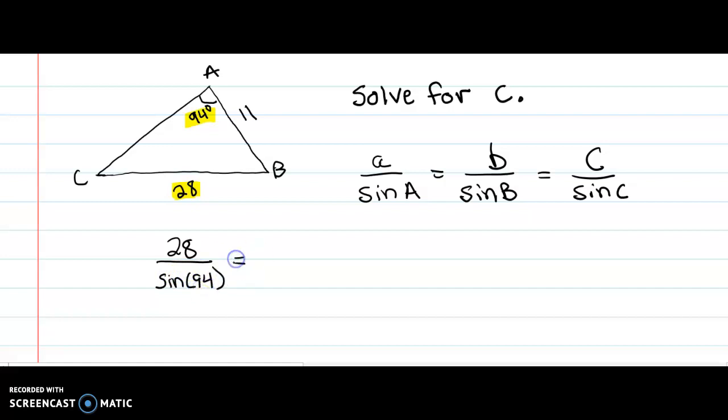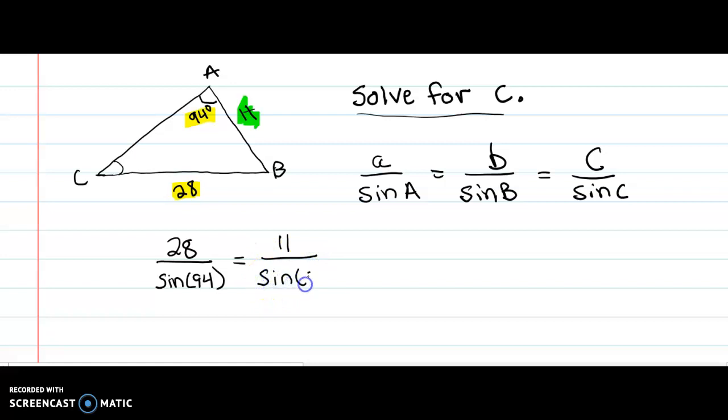And we're going to use that to set it equal to a side or an angle that we want to find. So here, we're going to solve for c. So we're going to try to solve for this angle. Well, the side that corresponds with that angle is this 11 right here. Okay, so we're going to have 11 over the sine of c.